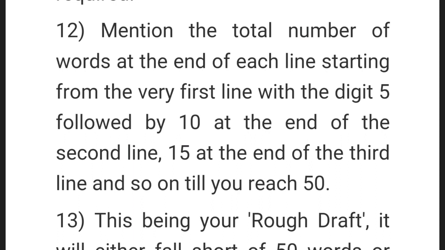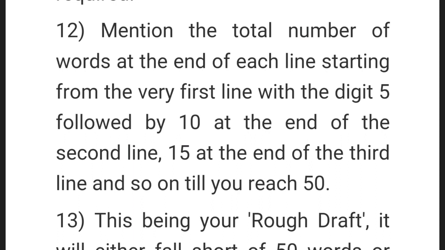Then at the end of the second line, by the end of the second line you have already written 5 more words, so the total goes up to 10. So at the end of the second line write 10. Then at the end of the third line the total goes up to 15, so write 15. Then the fourth line the total goes up to 20, so write 20. In this way it will go on till you reach 50 and maybe more than 50.